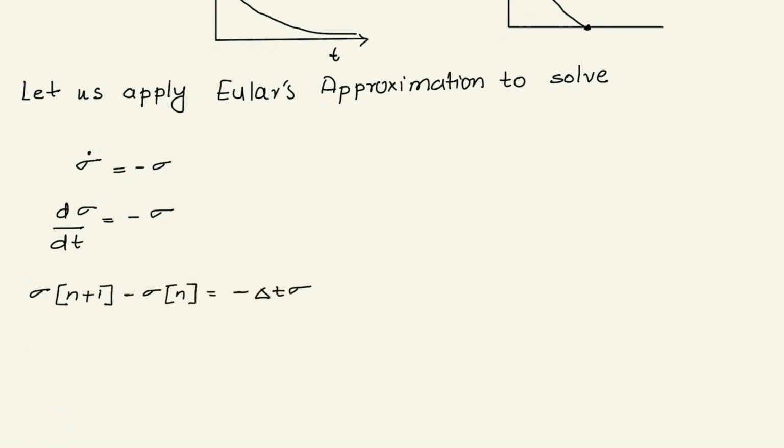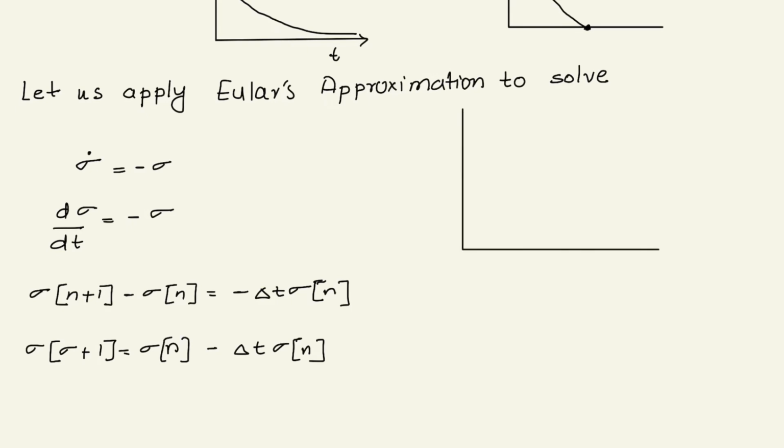Here delta t is the step time, sigma of n is the present value of sigma, and sigma n plus 1 is the next or the future value of sigma.